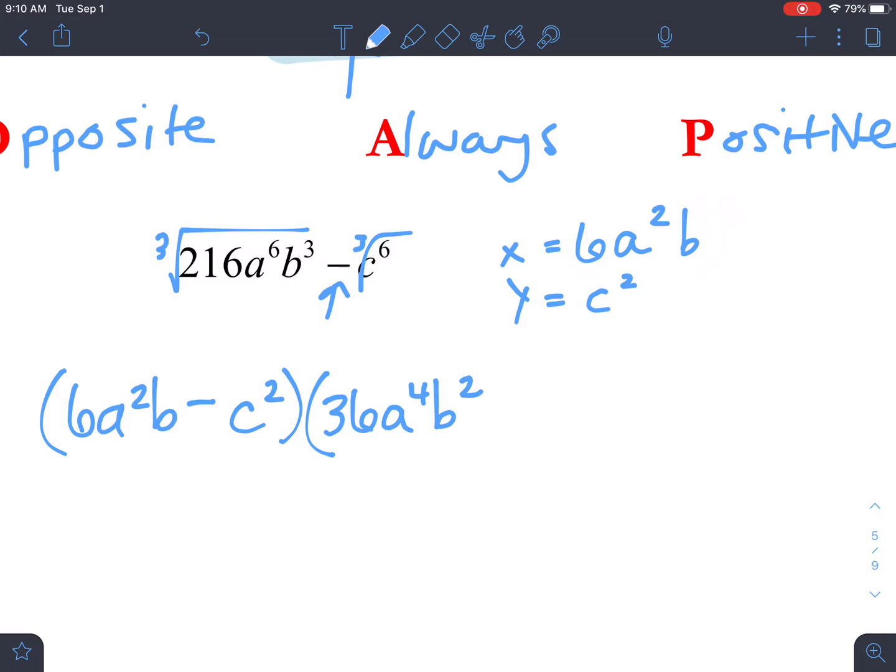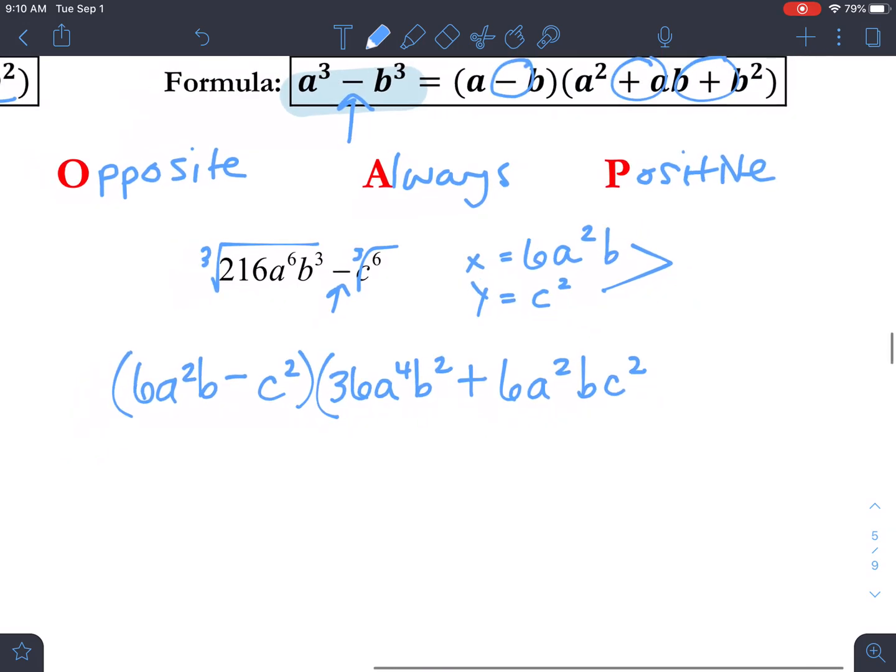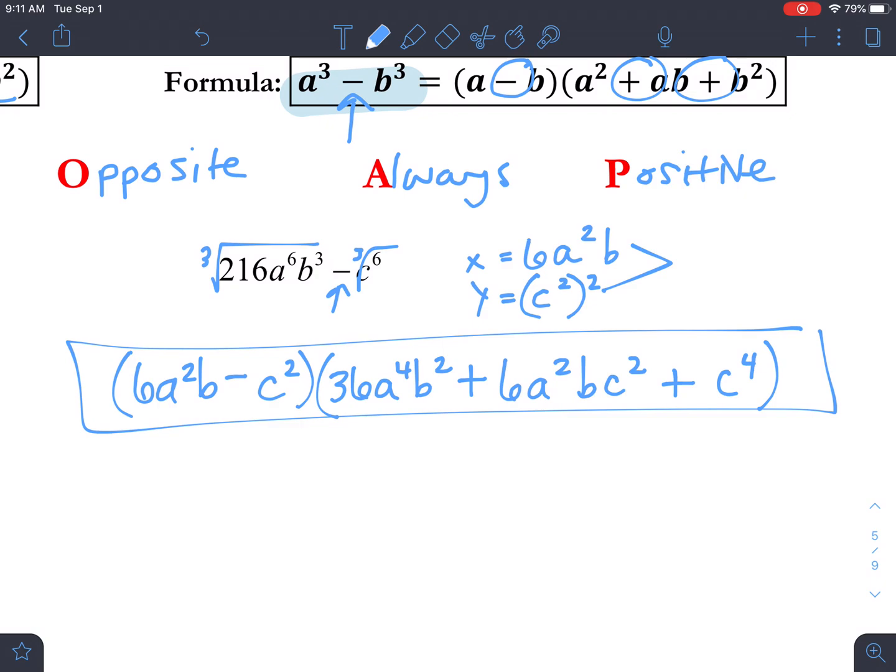Okay, opposite sign. Multiply these together, 6a squared bc squared. And last but not least, always positive. And then we square the second term, which would be c to the 4th. Okay, so that is the final answer. It does follow the pattern exactly.